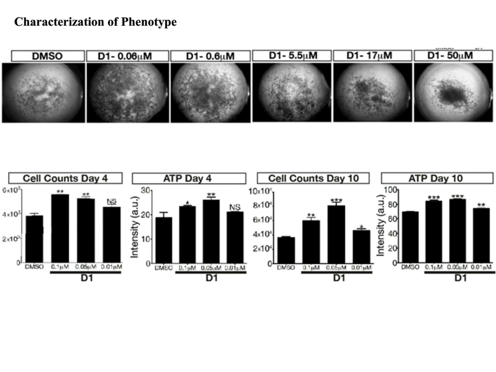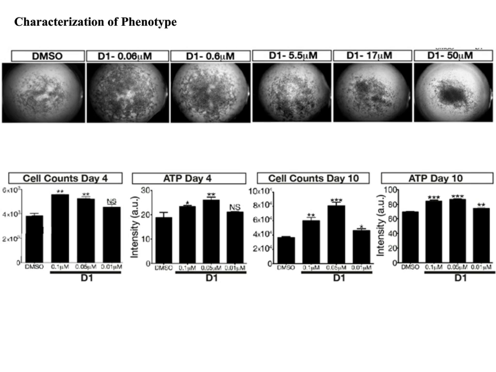That is reflected not only by the colony morphology, the phenotype, but also by the cell counts and ATP measured at day 4 and day 10, indicating that such phenotype-based profiling can be very profitable if used in the context of multiple models.